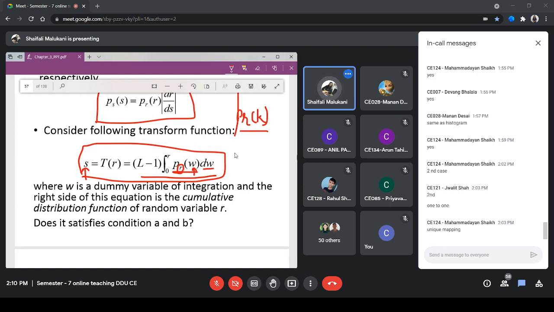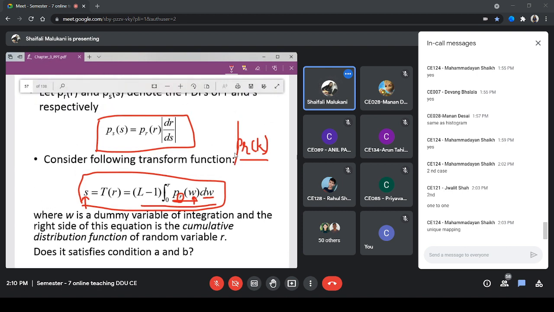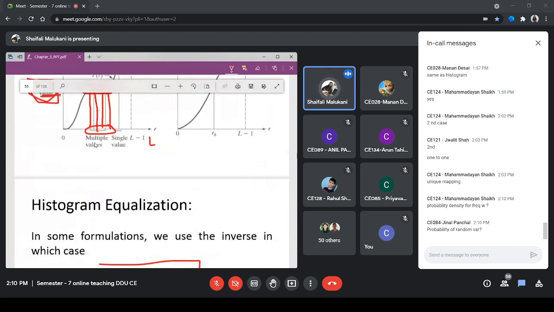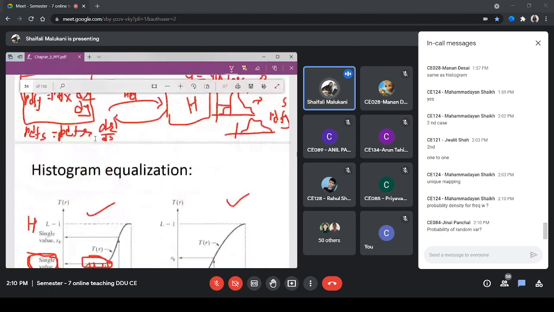What is our PR? What does R indicate? Probability of a random variable, but which random variable? I told you that we are going to denote it by PR and PS.